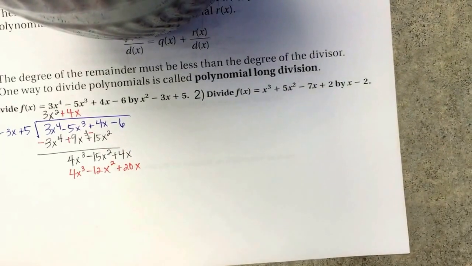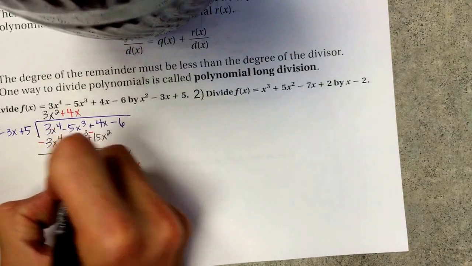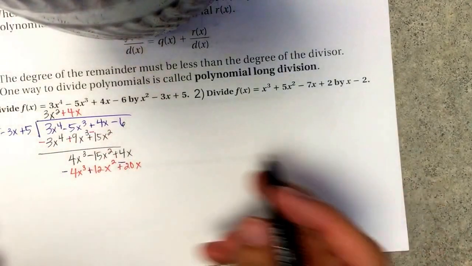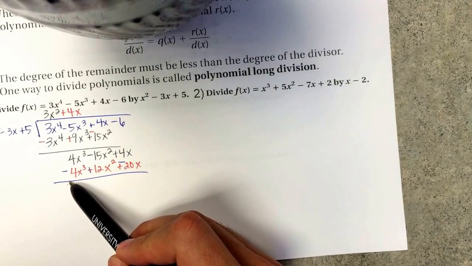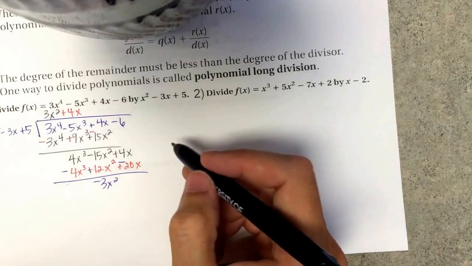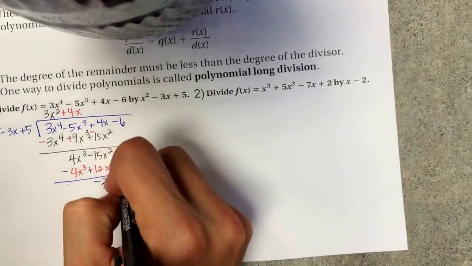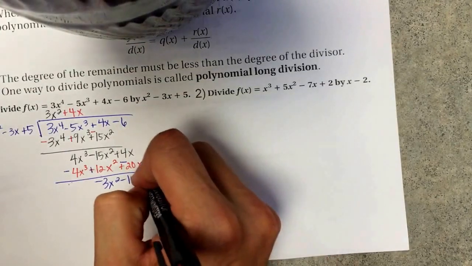Again, you're going to change all of the signs so that you can just add straight down. So we would have a minus, a plus, and a minus. And let's see what that gives us. First column goes away. Second column, I get a negative 3x squared. Last column, you get a negative 16x. And we've got this 6 we still need to bring down.